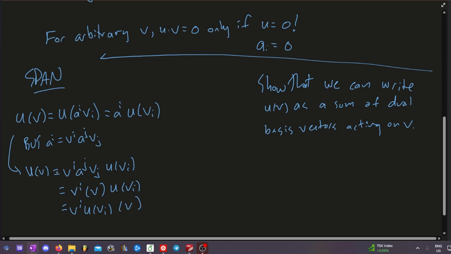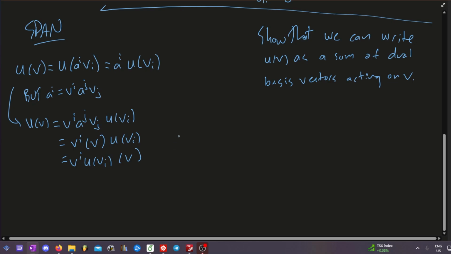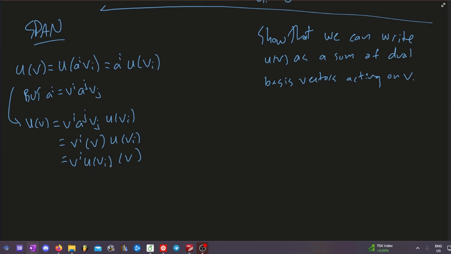So now what we've essentially shown is that u acting on v is the same as this expression here at the bottom. Or in other words, we were able to write u as a sum of these, what we hoped were the dual basis vectors, times the linear functional evaluated on v_i, acting on v.